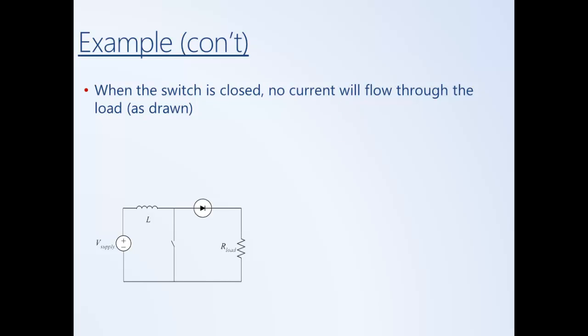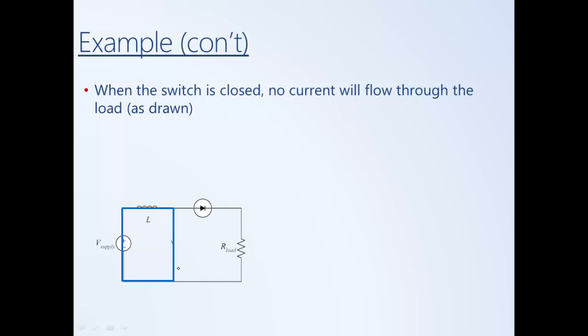So initially, we'll assume that the switch is initially closed. When we close that switch, this transistor acts like a perfect switch, and so in essence there's no resistance in this path. And so the current is going to take the path of least resistance.